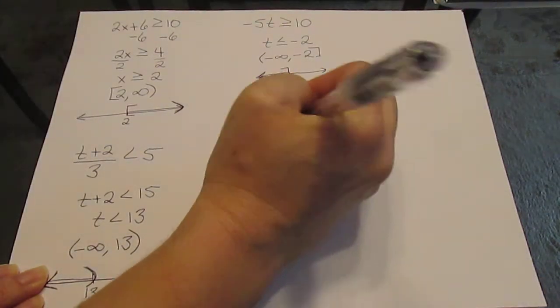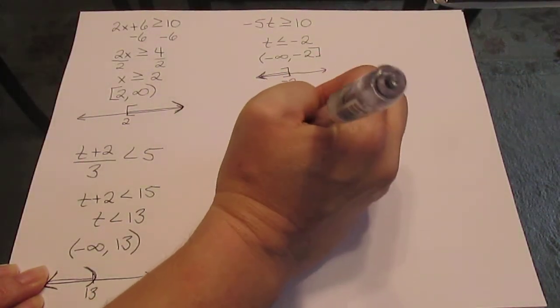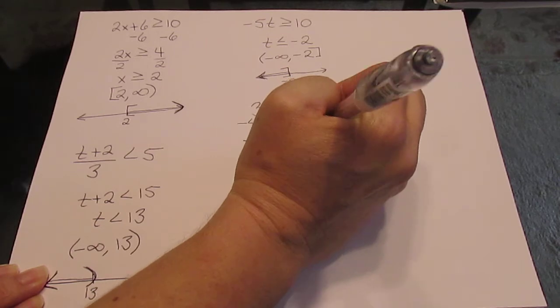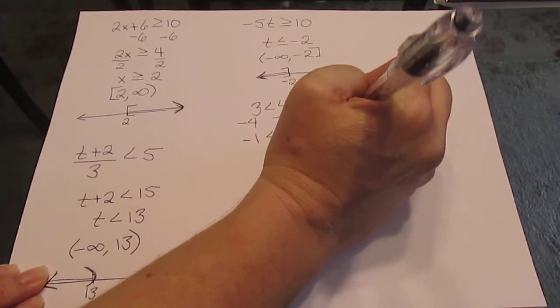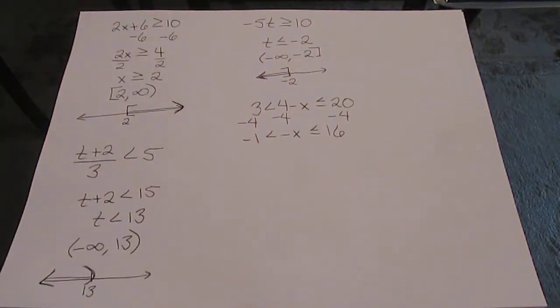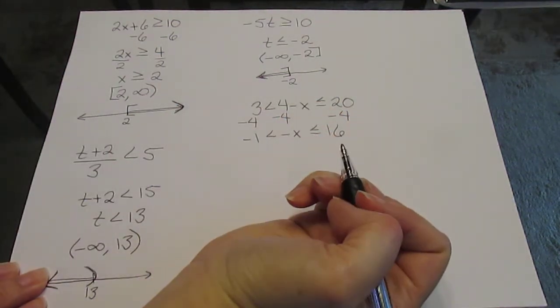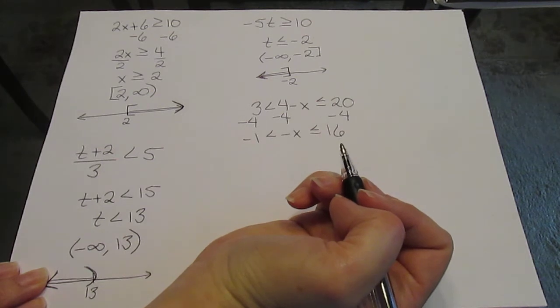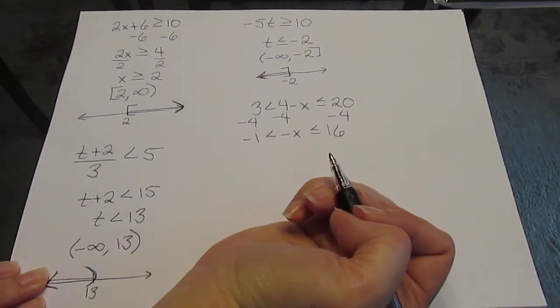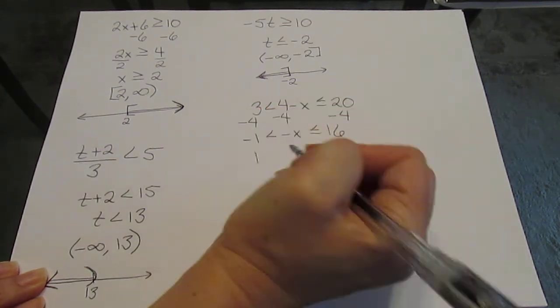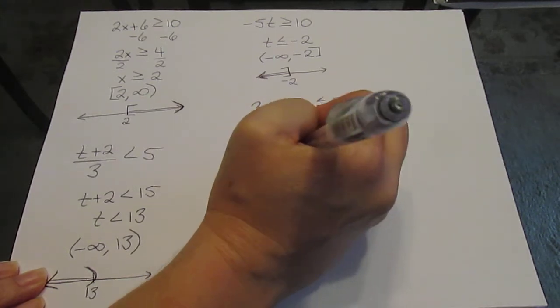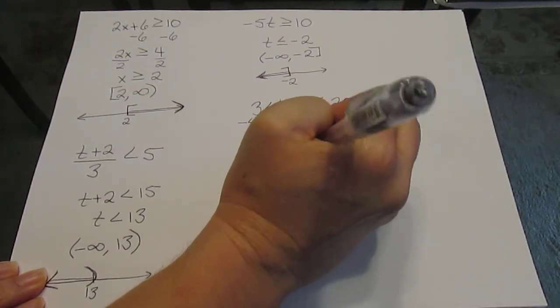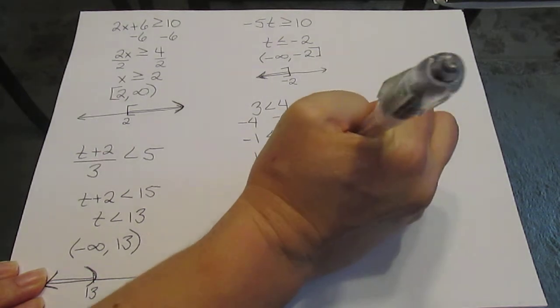So we've got -1 less than negative x less than or equal to 16. And then we need to divide by -1. Again, we're dividing by a negative, so we've got to flip our inequalities. So we'll have 1 greater than x greater than or equal to -16.